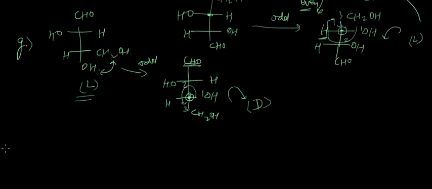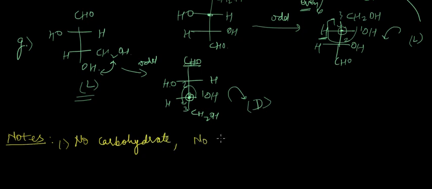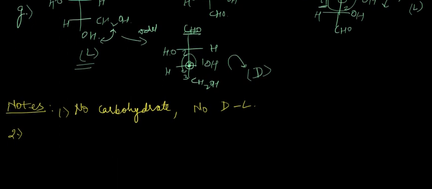Okay, so some notes are: if there is no carbohydrate, then we won't be calculating any D or L configuration. We'll just stick with R and S configuration. So no carbohydrate, no DL. Okay, second would be, just as an analysis, that D and L are decided with respect to the hydroxy group of the chiral center.